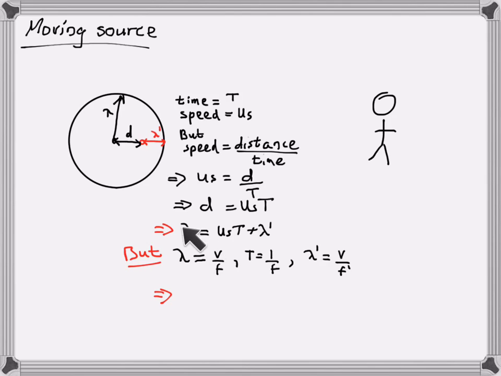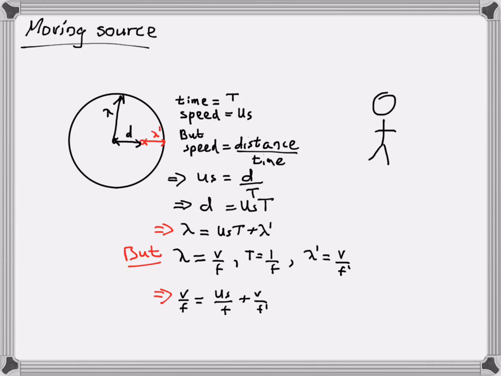Therefore, I can rewrite this equation as v over f equals us over f, I've just substituted t for 1 over f, plus v over f prime. So I've substituted lambda prime for v over f prime.